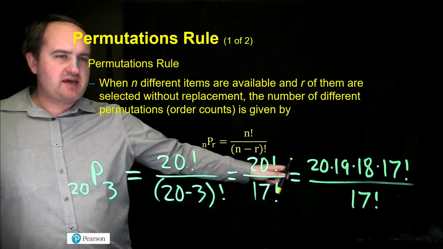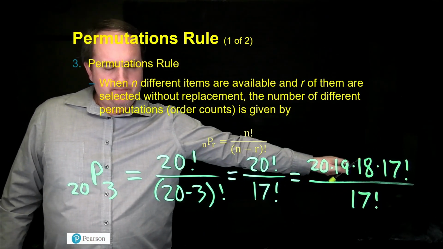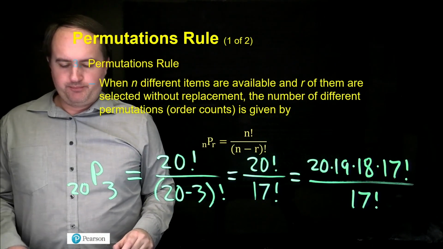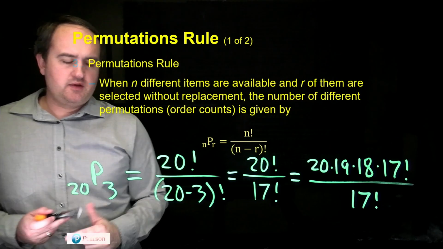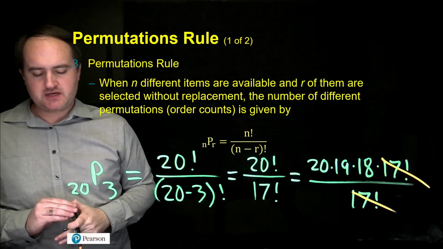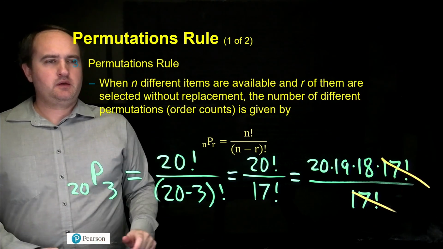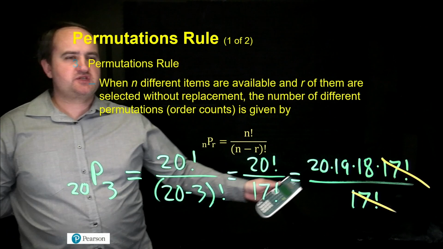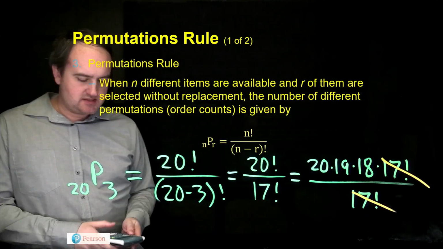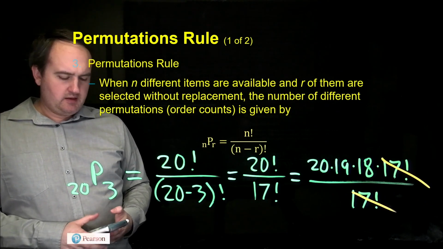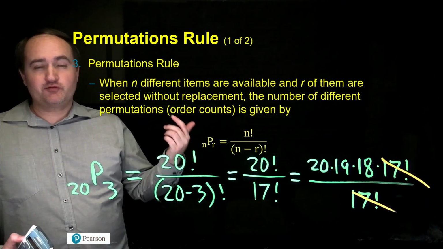So notice that I counted down from 20 until I reach the same factorial I have on the bottom. And then we can just cross out the 17 factorials because we have one on the top and the bottom. So then really, we could just type in 20 times 19 times 18 on our calculator, and that'll give us 6,840.